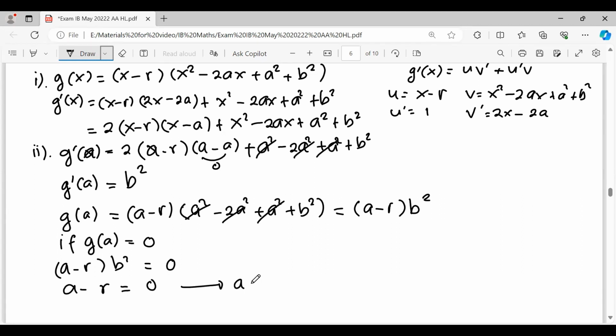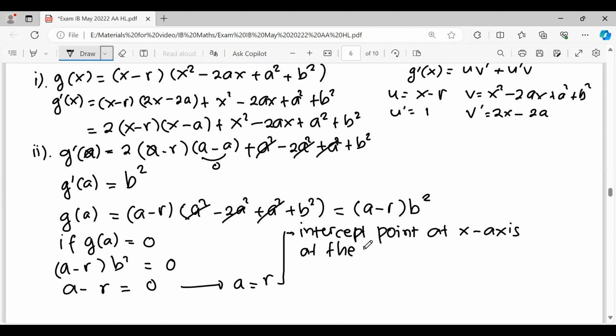The implication is a equals r. So there's a point on the x-axis, the point A is (a, g(a)), with a equal to r, (r, 0), because g(a) equals 0.